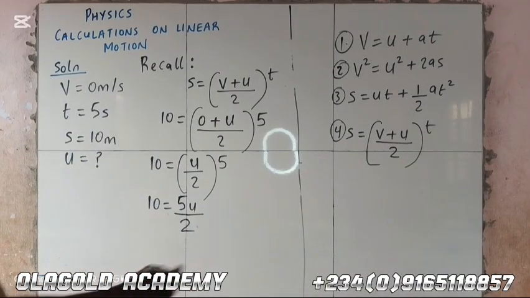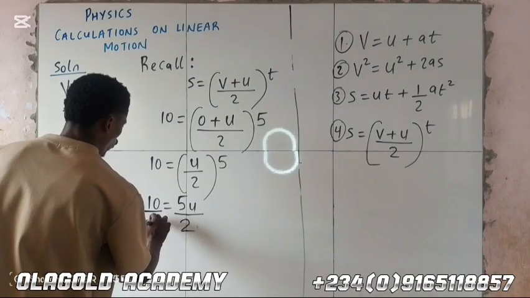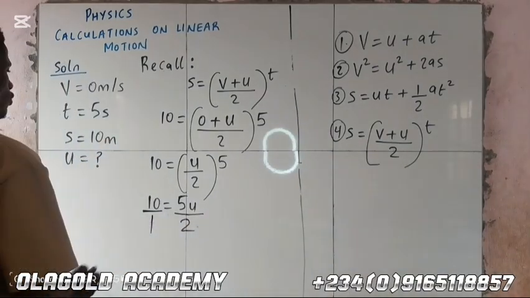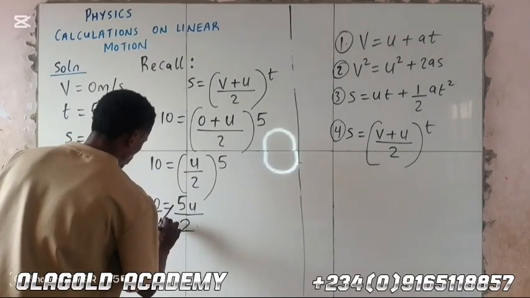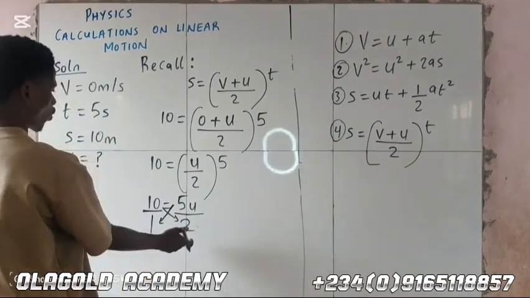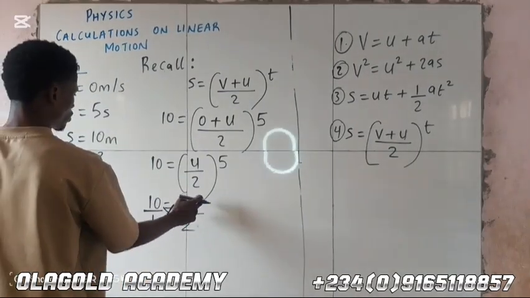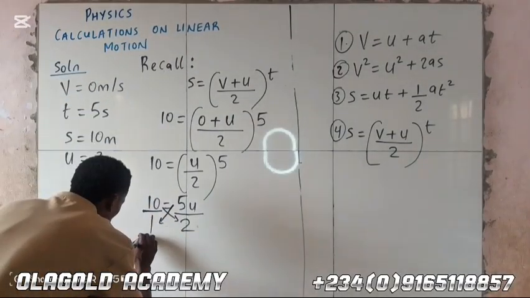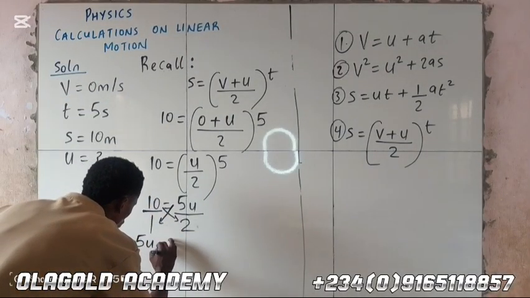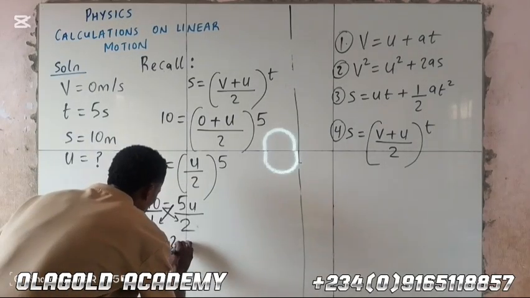We cross multiply, so 10 over 1 and 5u over 2. If we cross multiply, this comes here and this comes here. 5u times 1 gives us 5u equals 20.